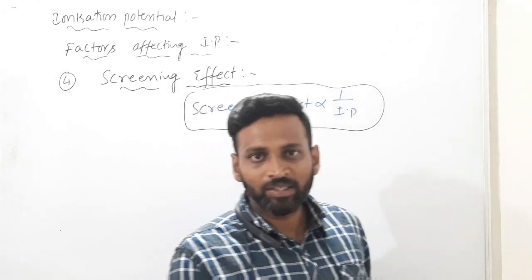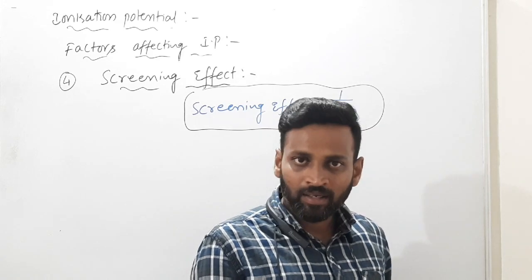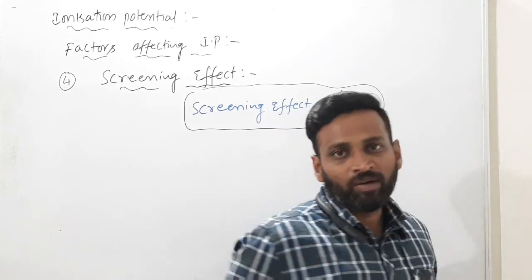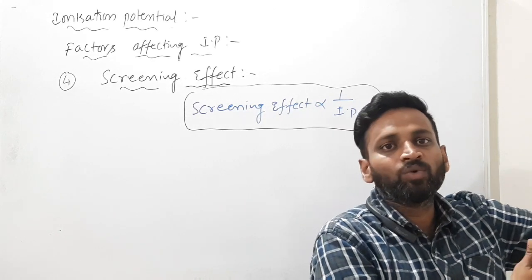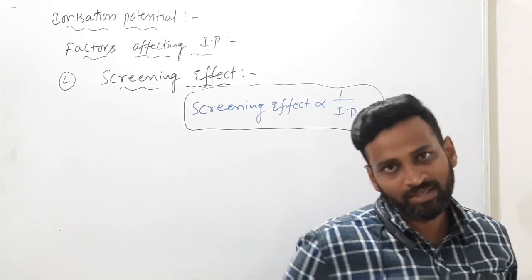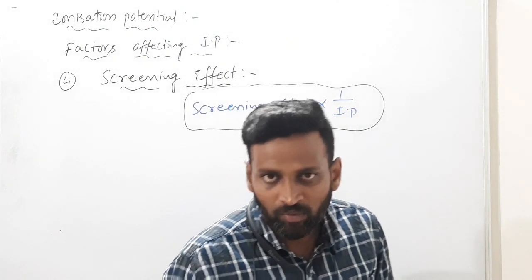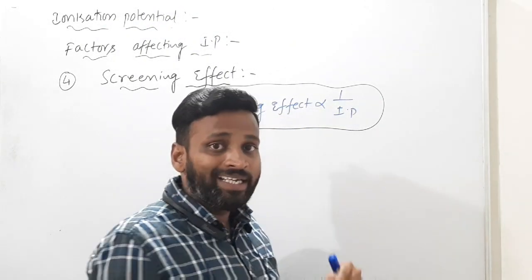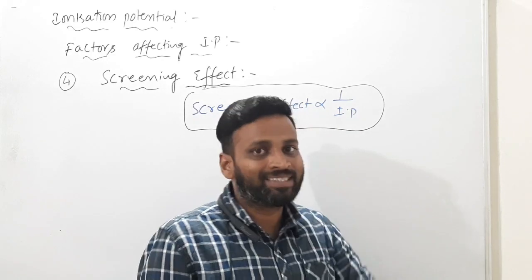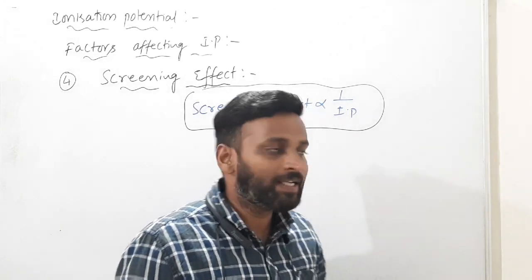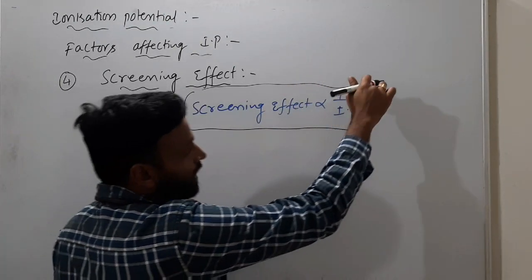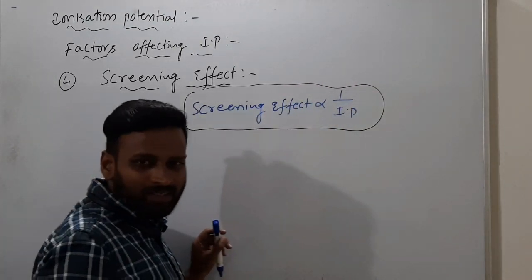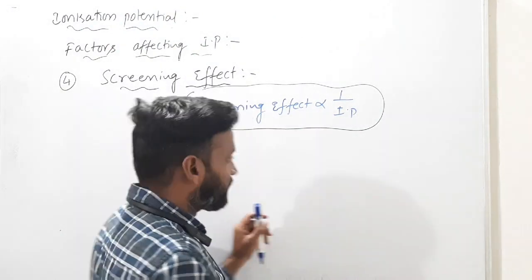If my protecting ability is more, he will go away from the nucleus, so distance increases. Then I need less energy to take him away from the ice cream. Got it clearly? So if shielding is more, his attraction is less, and certainly IP is less. Shielding effect is more, IP is less. Reason understood, example understood? Okay.